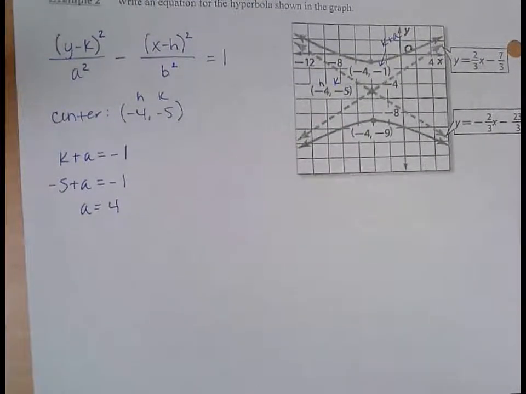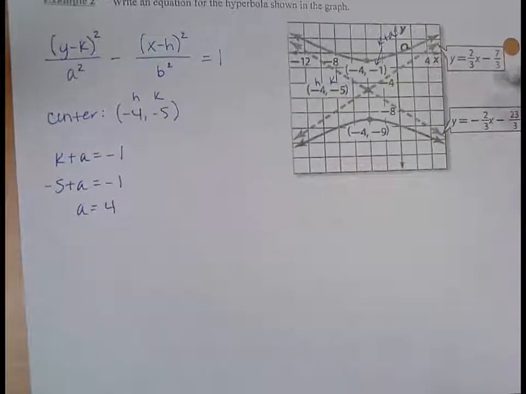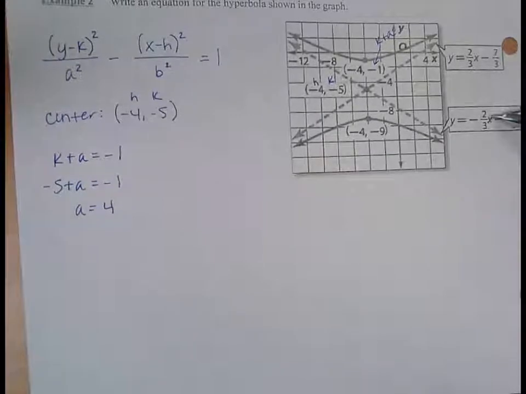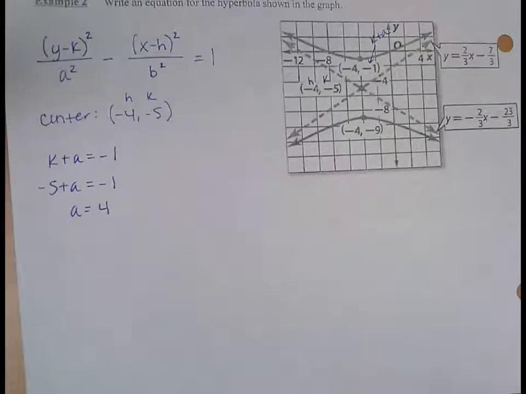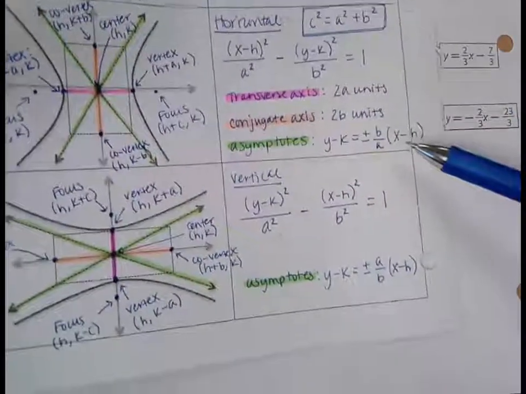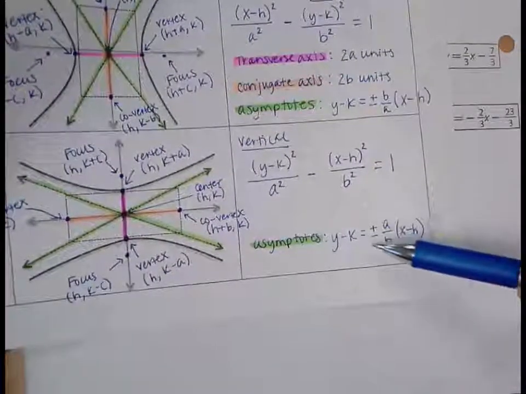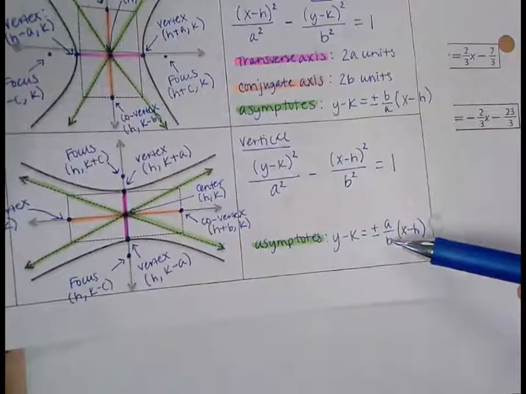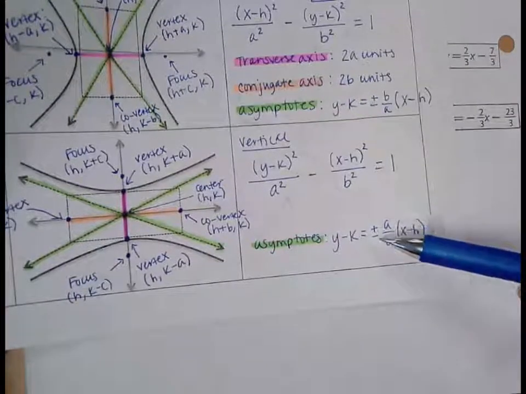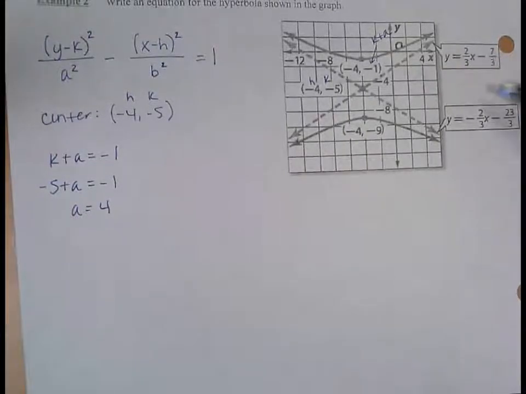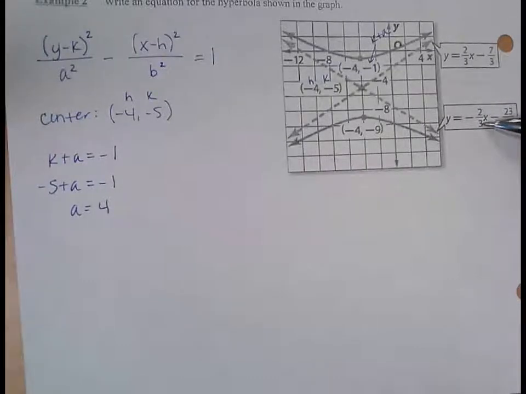I just need to find b. The only other things we are given are the equations of the asymptotes. What's important about the equations of the asymptotes is the slope. We have a vertical hyperbola, so the slope involves a and b. It is the fraction plus or minus, because one's positive, one's negative, a over b. And if you notice, the slope of your two asymptotes, one has a slope of 2/3, one has a slope of -2/3.